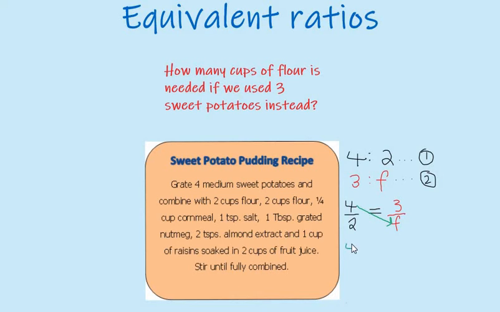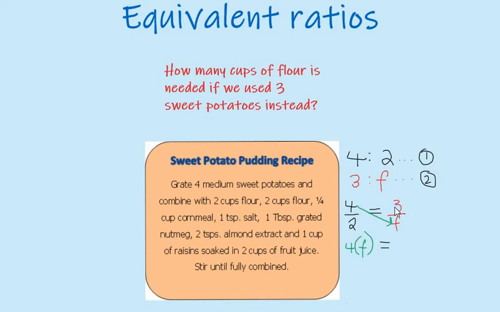So we take the first number and multiply it by the bottom. So that gives us 4 times f. Writing it in bracket like that means 4 times f. All right? Put back our equal sign. Then we're going to take our second ratio.